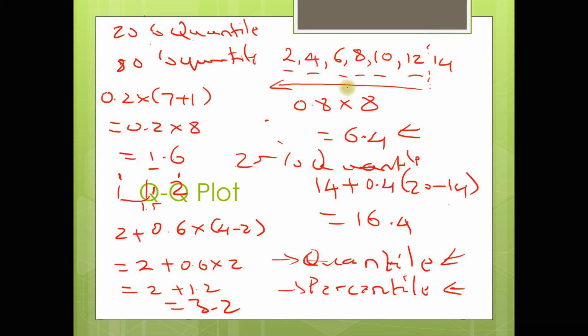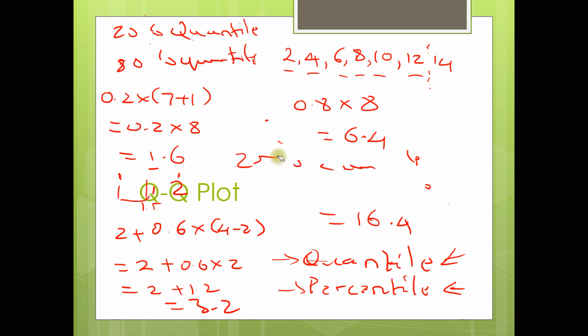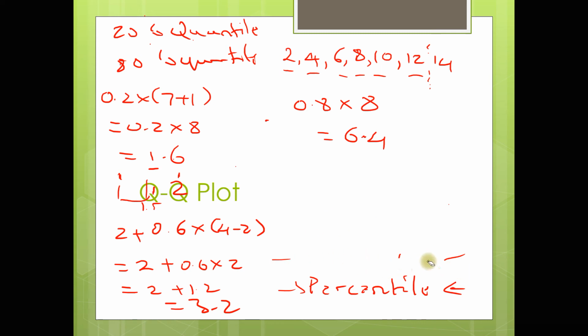So what we want to do is to compute these different quantiles using R. As I told you earlier, there are different possible ways of determining quantiles. So what we want to do here is to try to find the quantile in R using our method that we just showed here.